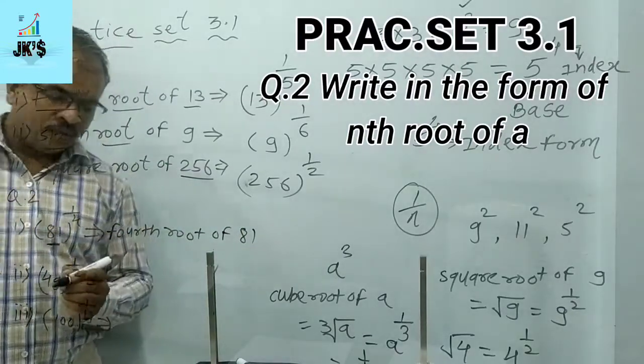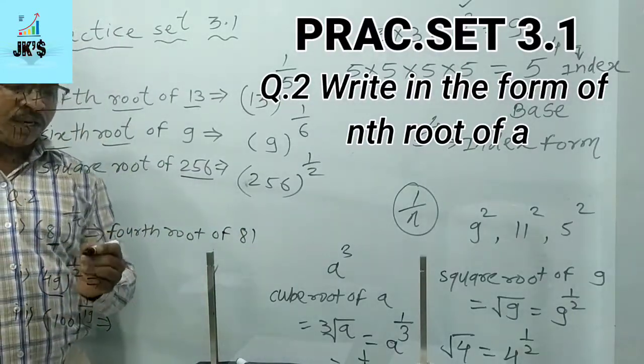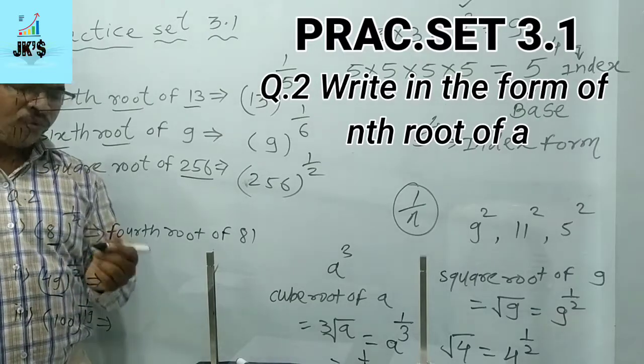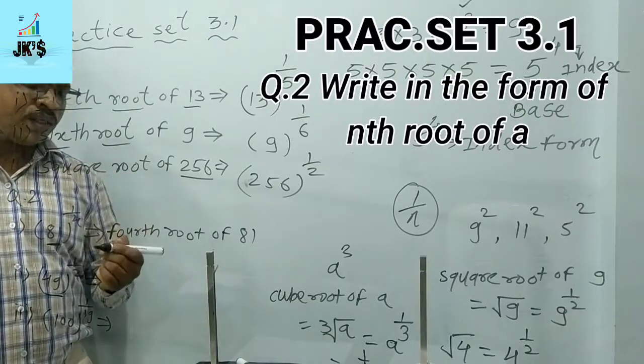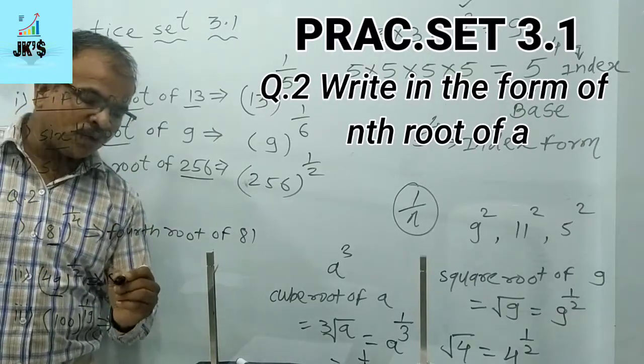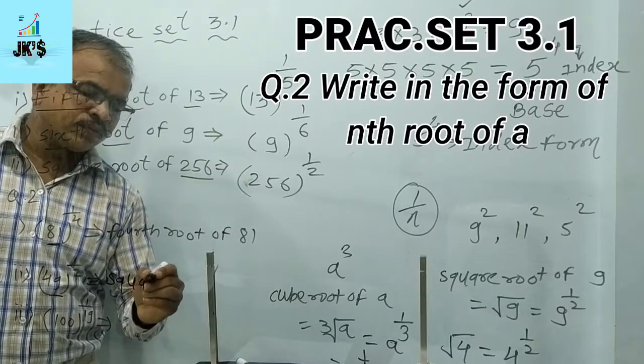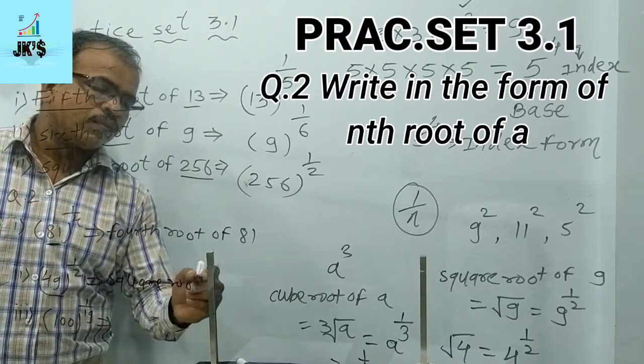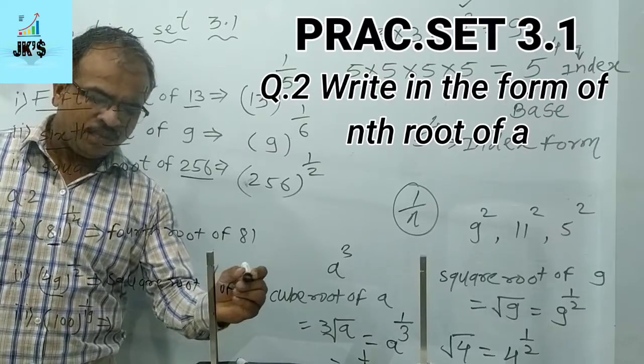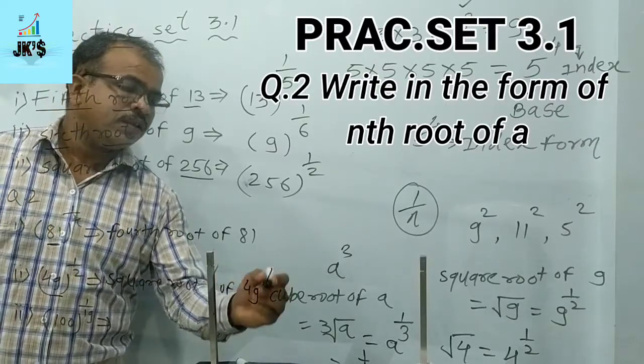Similarly, 49 is a base and the index is 1 by 2. 2 means square, but 1 by 2 means square root. So square root of 49.